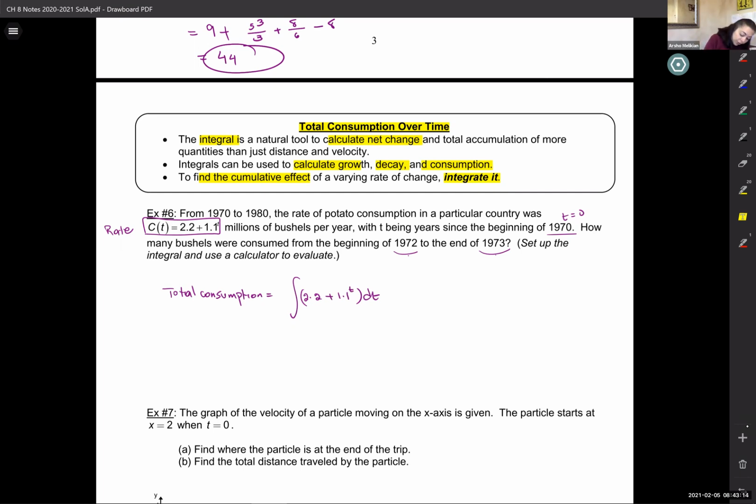So it starts at t equals 2 and it goes to t equals 4. And that's really all you need to show. You put this in your calculator, not do this by hand, and then whatever you get, to 3 decimal places, it's 7.066 millions of bushels.